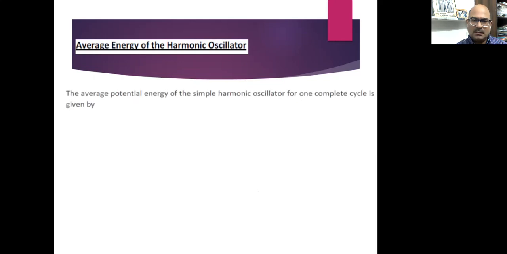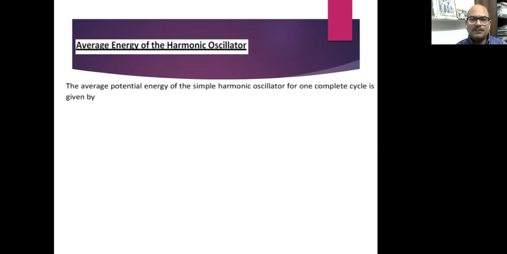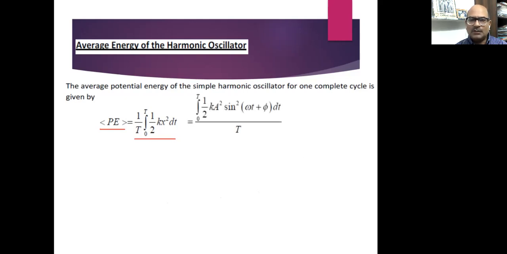If we try to see that, the average potential energy for one complete cycle is given by this symbol, 1 by T, because it's a complete cycle, integral 0 to T half kx square dt. So this is in reference to the time, and this value we can put as 1 by T, 0 to T, half k x square dt.